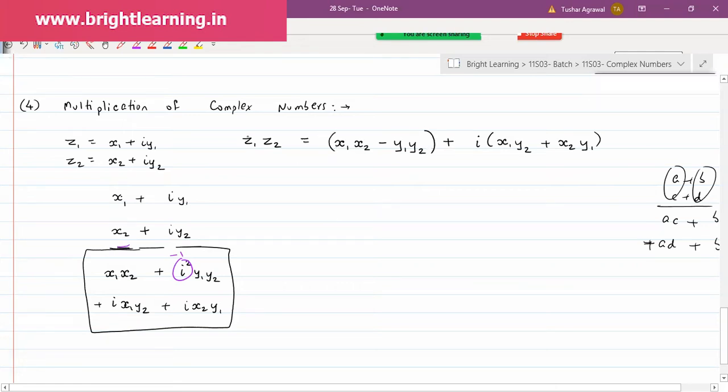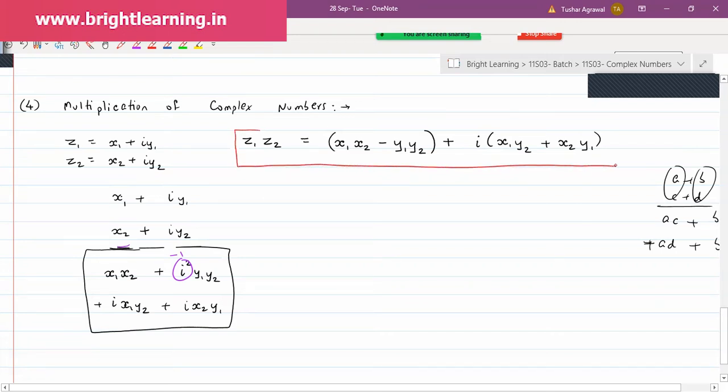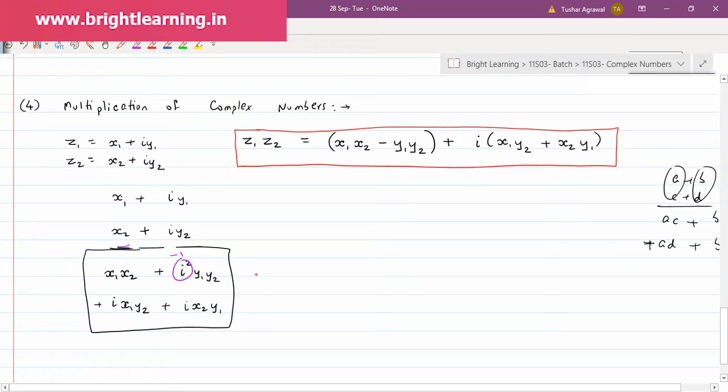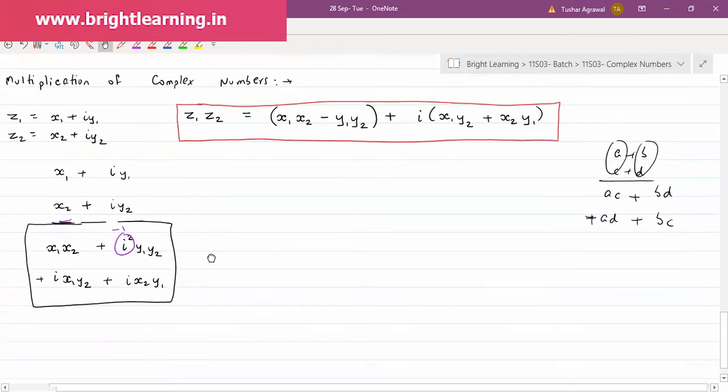This is my definition of the multiplication of complex numbers. So if you refer to any book with respect to complex numbers, the definition is something like this.